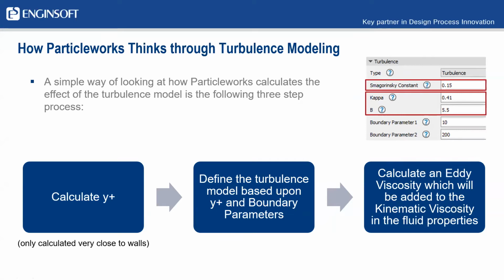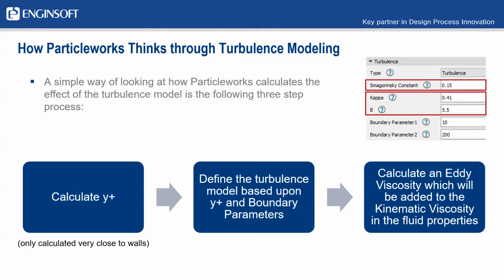So a simple way of looking at how Particleworks uses the turbulence modeling is this following three-step process. The first step here is to calculate a y plus. A y plus is essentially a non-dimensionalized version of a distance.